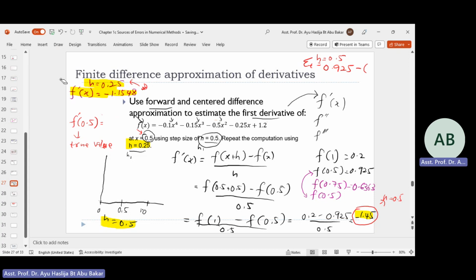So now you need to find out what is the f prime for 0.5. You need to do the differentiation of the f x.